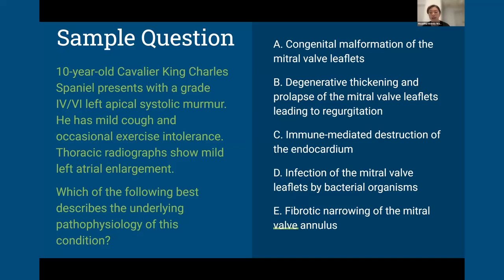And then the fibrotic narrowing, again, that is very rare, and from what we're seeing in terms of breed and the clinical signs as well as diagnostics run, it's very unlikely that this is fibrotic narrowing. If it were narrowing, there would not be much regurgitation, because usually it's the degeneration that's going to cause a malfunction in the systolic phase of the heart.